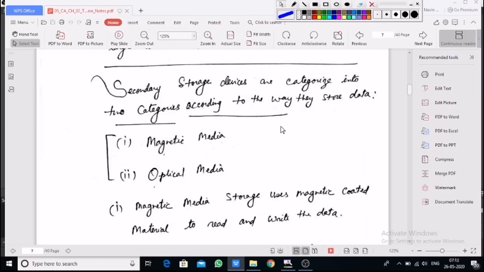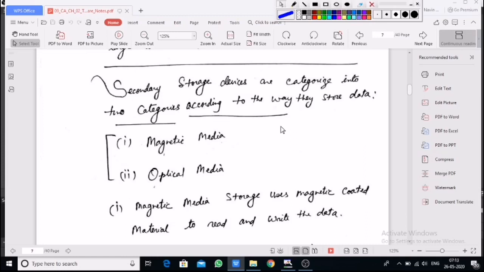Magnetic media storage devices, as the name says, use a magnetic component to read as well as write the data, and optical media use laser light to read and write the data.